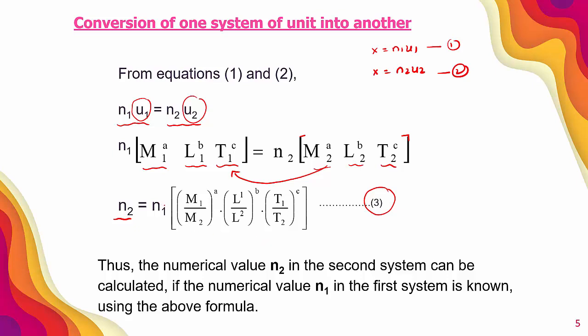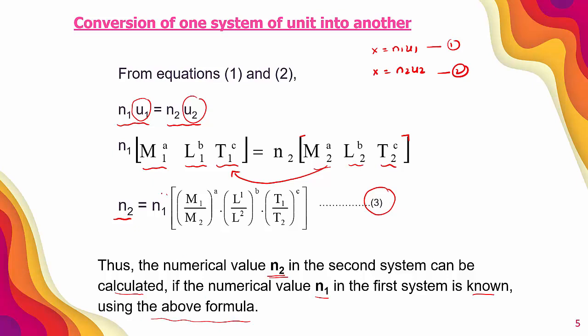What is equation 3 here? N2 equal to N1 into M1 by M2 raised to A, L1 by L2 raised to B, T1 by T2 raised to C. This is equation 3. What it indicates, you can observe: the numerical value N2 in the second system can be calculated if the numerical value N1 in the first system is known, using the above formula.